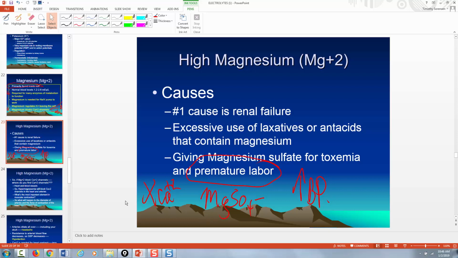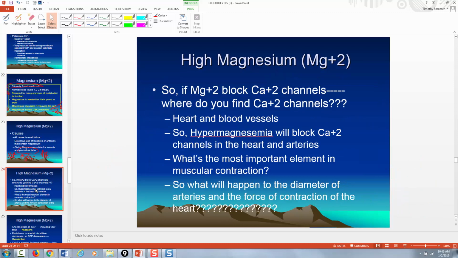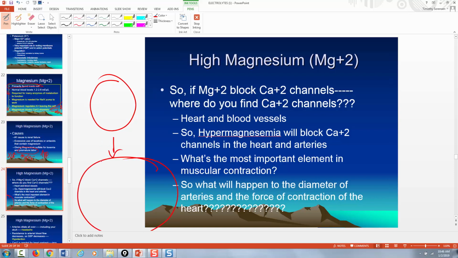All right? Now again, if your blood levels of magnesium are high, magnesium blocks calcium channels. Where do you find calcium channels? In your heart, blood vessels, right? So, watch it. High levels of magnesium in the blood are going to cause arteries that were this big to now become this big.